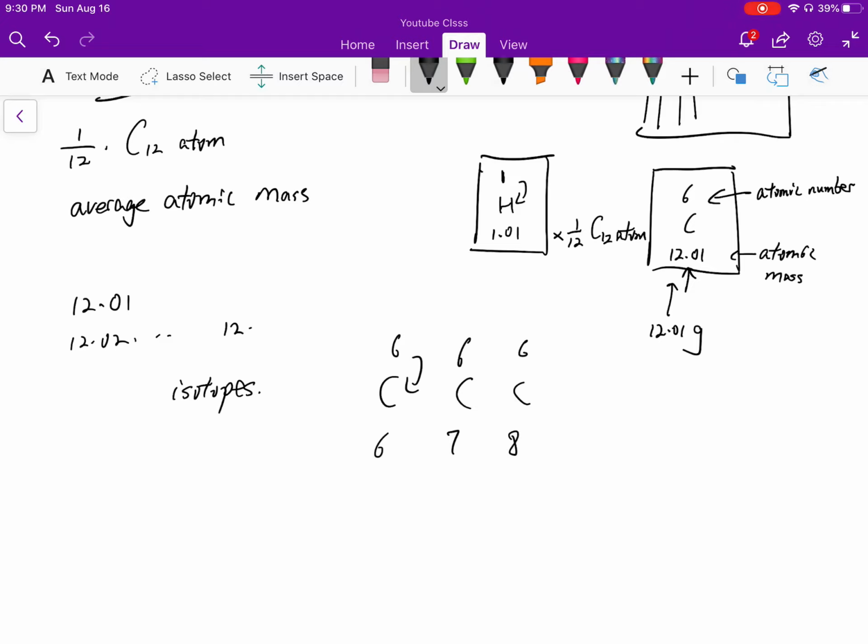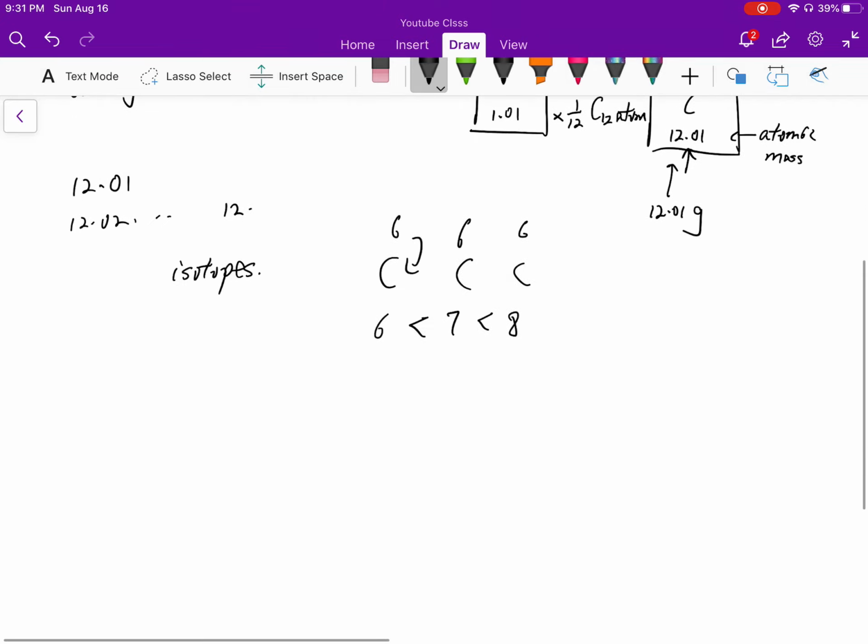You might have eight. And neutrons also have weight. So the weight of the carbon with 7 neutrons will be greater than the one with 6. The one with 8 neutrons will weigh more than the one that has 7 neutrons. So what will be the average weight of these?